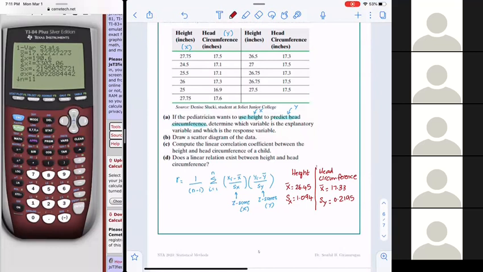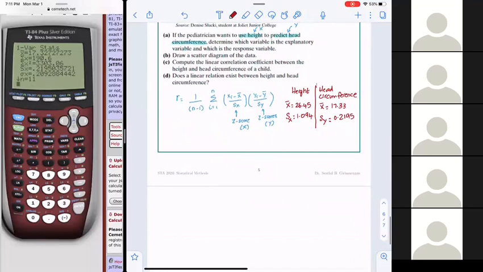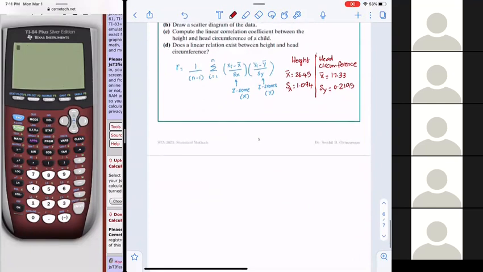So now that we have the mean and the standard deviation, we can find the z-scores of all the x values, the z-scores of all the y values, multiply them, then find the sum.